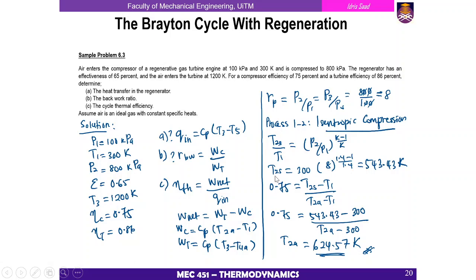From this isentropic temperature, we get the actual temperature by using the isentropic efficiency of the compressor. So the actual temperature at point 2 is 624.57 Kelvin. Okay, so this is process 1, 2.